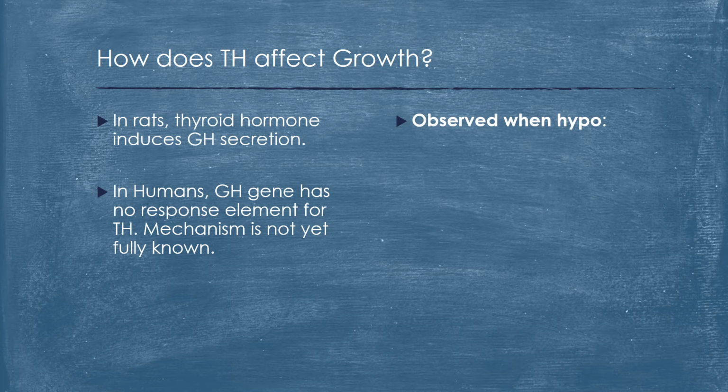What is observed is that in hypo states, we have delay in ossification of the epiphyseal plates and the ossification centers, and growth hormone resistance. So the receptors for growth hormone will become resistant to growth hormone because of hypothyroidism.